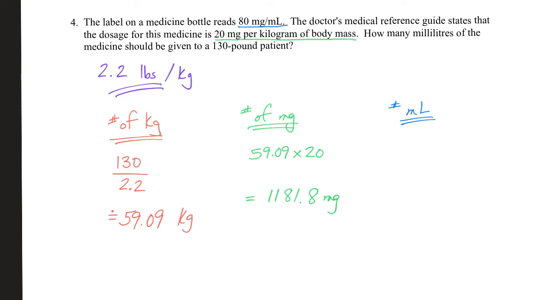So since I have 1,181.8 milligrams, I need to divide that by 80, since there's 80 milligrams per milliliter. And then when I calculate that, I'm going to get approximately 14.77 milliliters. There we go.